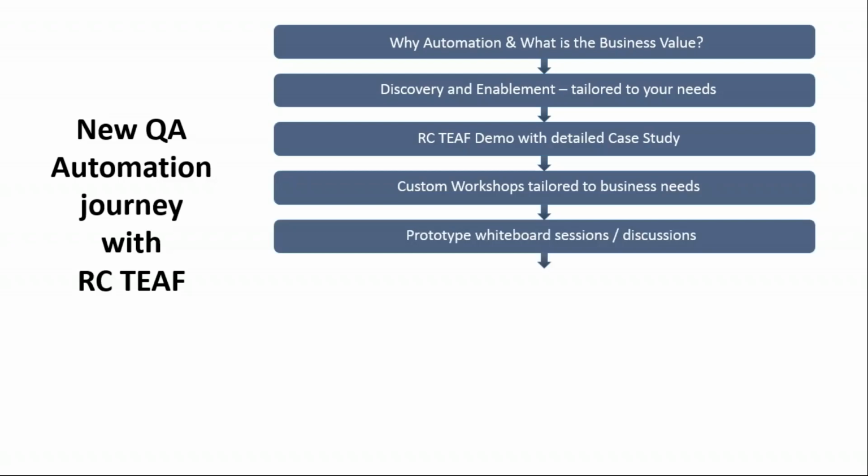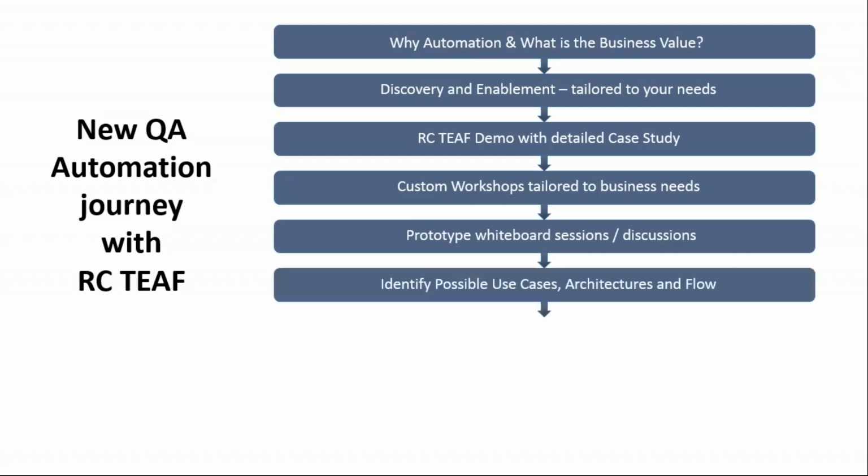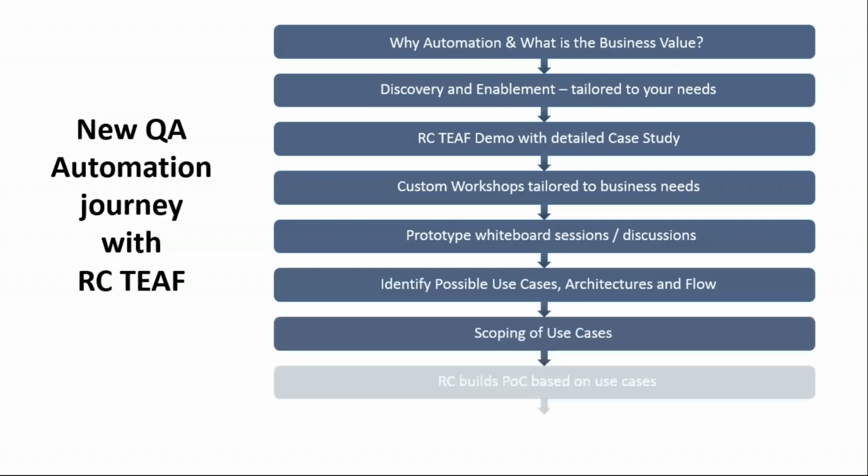We can have prototyping whiteboard sessions wherein we demonstrate the capability. We set up a demo TIF implementation wherein we show the possibility. And all this is building up to a proof of concept.